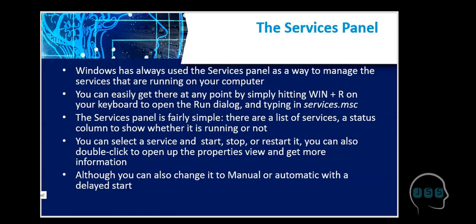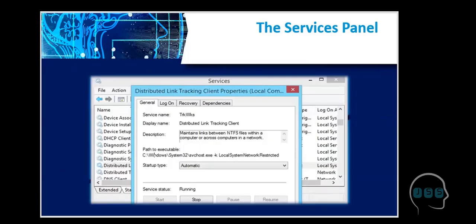From there you can easily manage, edit the permission level, and edit how they are going to start and what the starting process would be, manual or automatic. You can change it, and you can also start, stop, and restart those services, and drive so many directions on how they are going to behave while starting or running in the background.